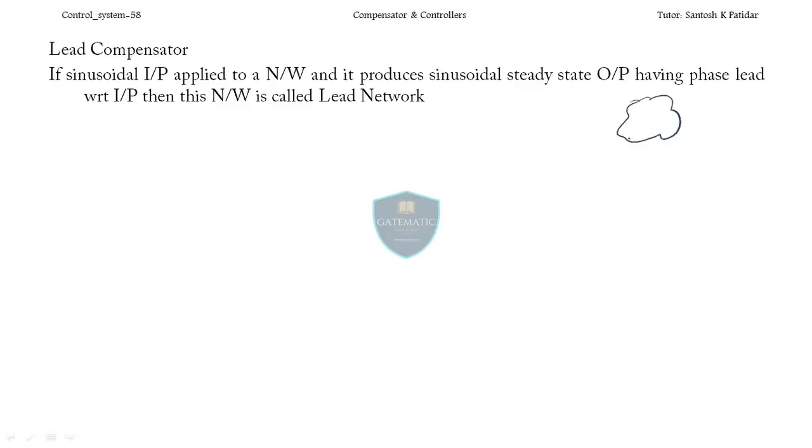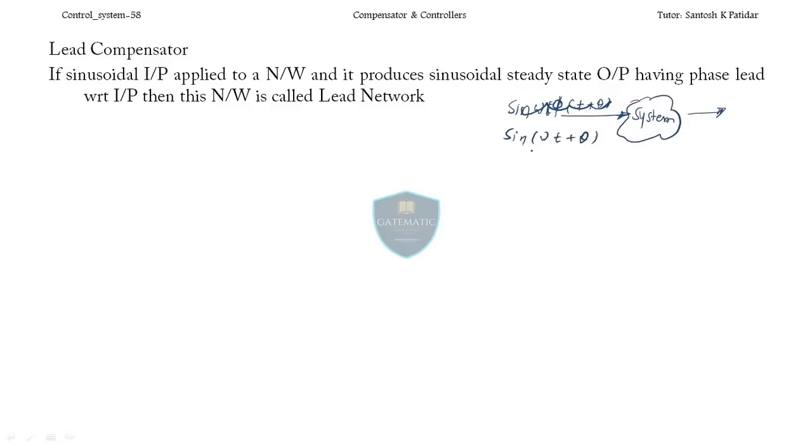here is the system, this is your system. Okay, to this system you are applying some input. Suppose let's take sine omega t plus theta. I'm taking like this.